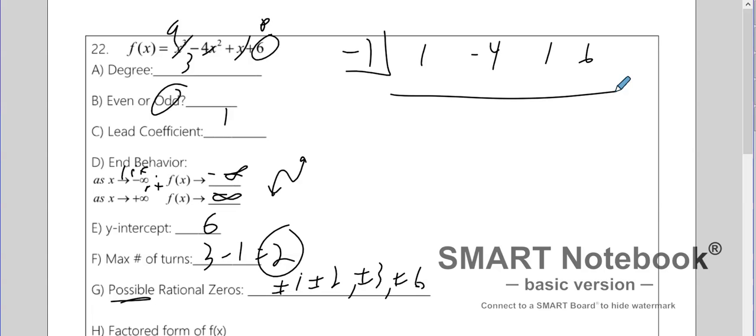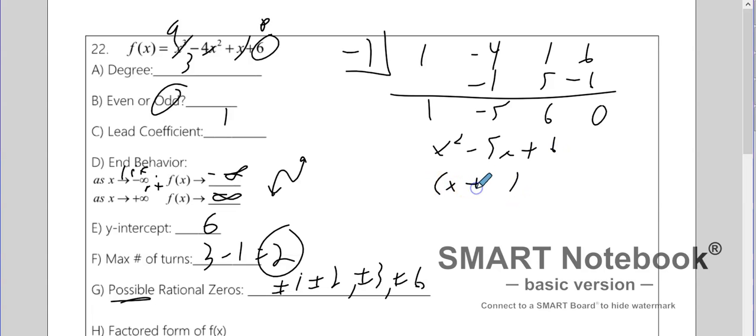And here's the beauty of this. You already know what the other two answers are going to be when you factor this. So 1, -1, add, multiply, add, multiply, add. Boom. That's x squared minus 5x plus 6. Which factors to x plus and x minus. We need 2 times 3 is 6. All right.